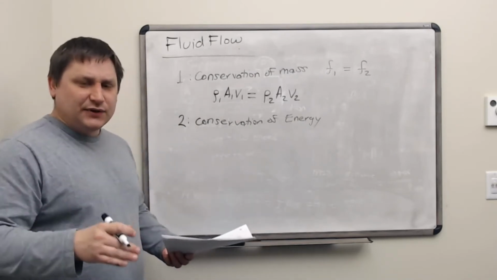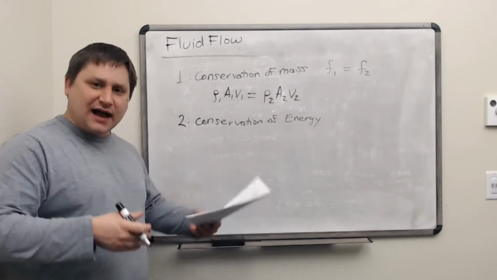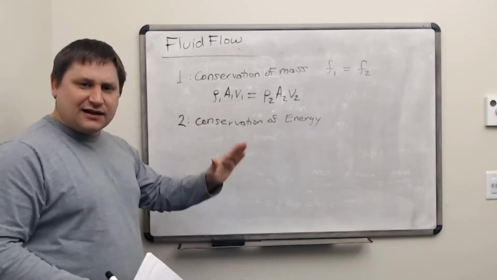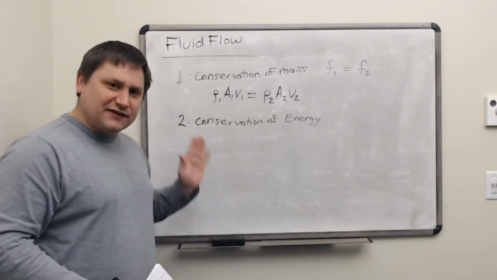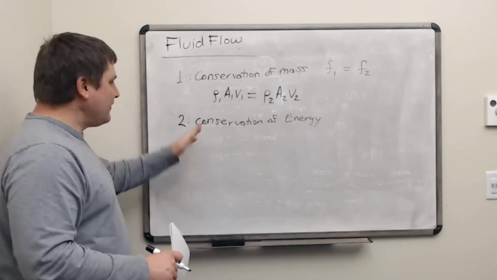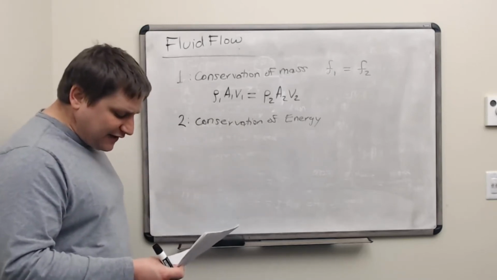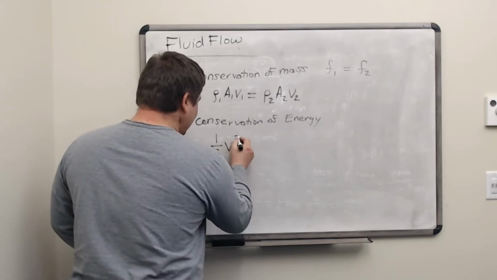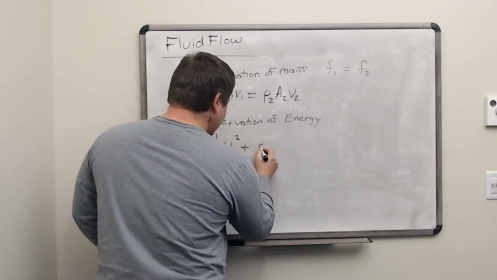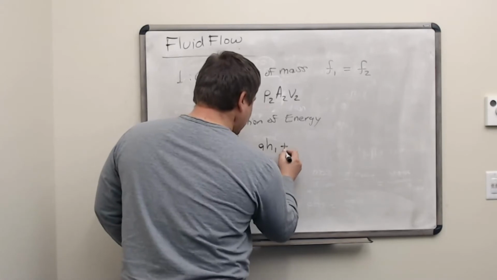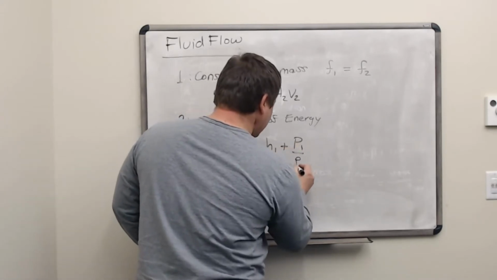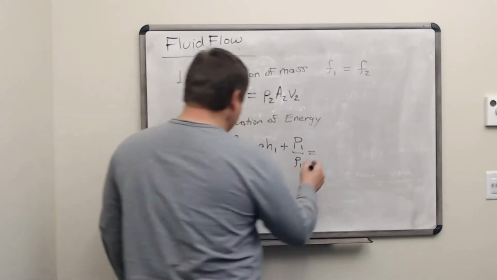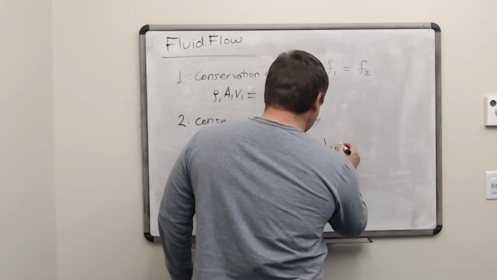Now, as long as the fluid is flowing in a pipe and it's got a smooth, well-defined velocity value, if velocity is not varying greatly from point to point, if it's mostly a uniform velocity field, then we can simplify the conservation of energy equation to look like this. 1/2 v squared at some point plus gh plus the ratio of the pressure and the density, we'll see how that comes out in a second, is a constant.